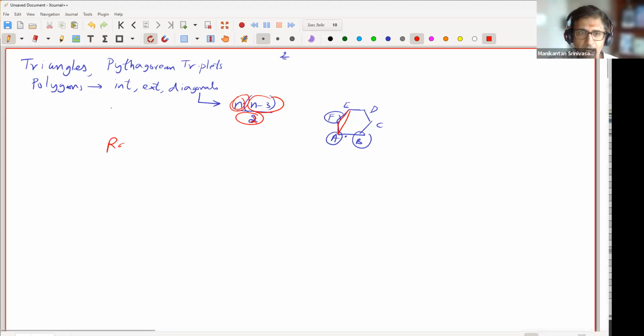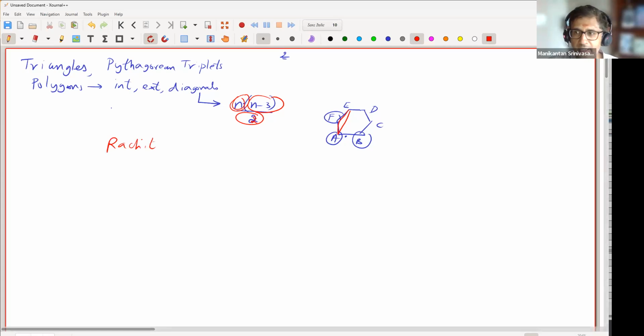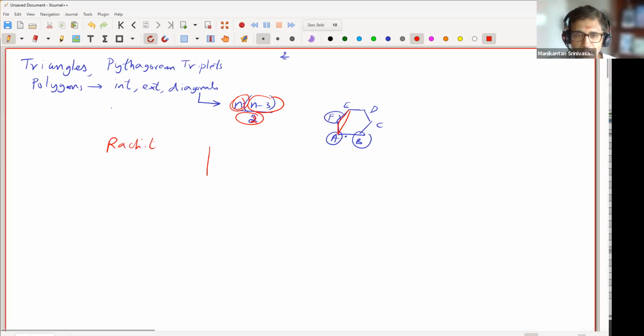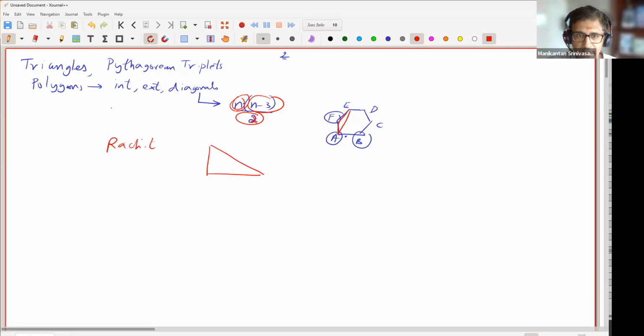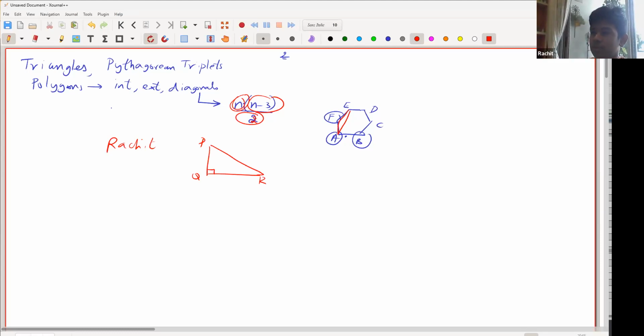Rachit, can you tell me in a 30, 60, 90, what is the ratio of the side lengths? If I have P, Q, and R, what is the ratio of the side lengths in a 30, 60, 90 triangle? It's... I forgot. I looked at the notes, but I still forgot.